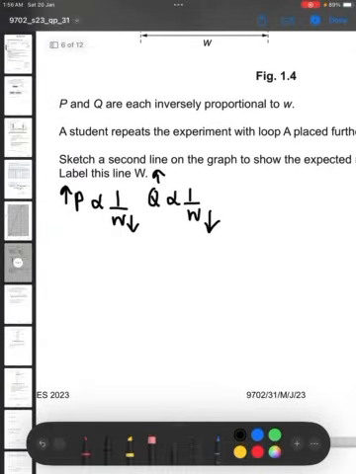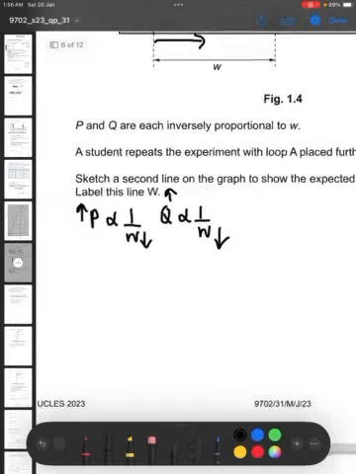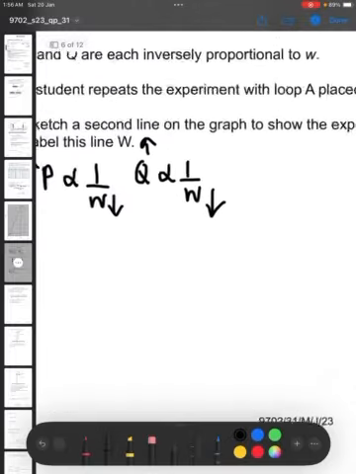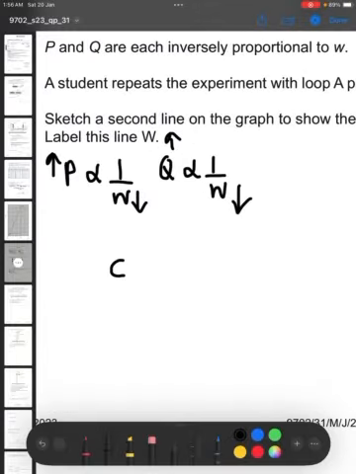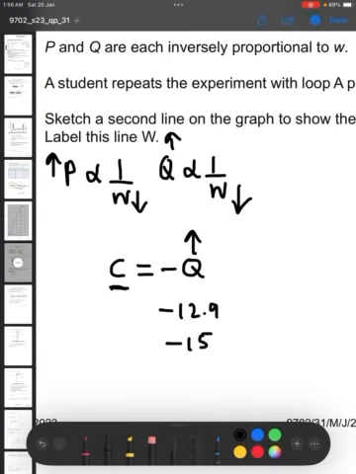Remember, such a graph has a bigger value of P and a bigger value of Q. But remember, the y-intercept C was equal to minus Q, which means that if the numerical value of Q has increased, C has just become more negative. Because if C was minus 12.9, now maybe it's minus 15. So it has become more negative, which means that the y-intercept has gone even down.